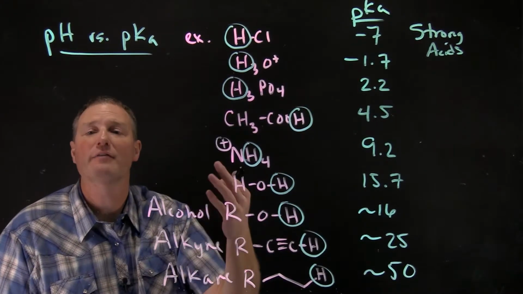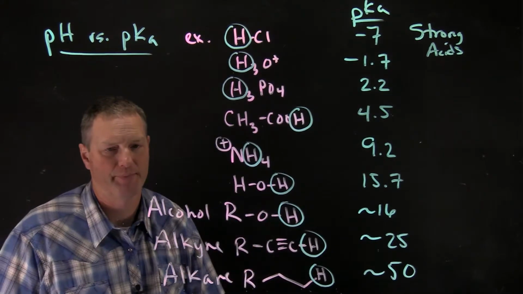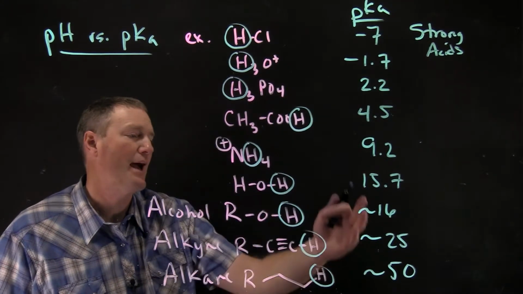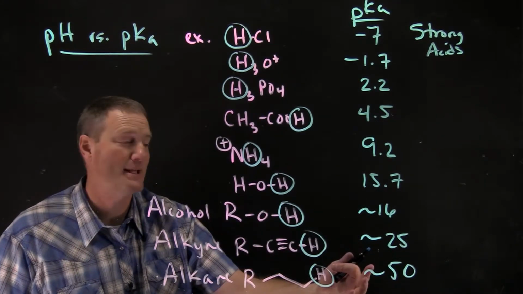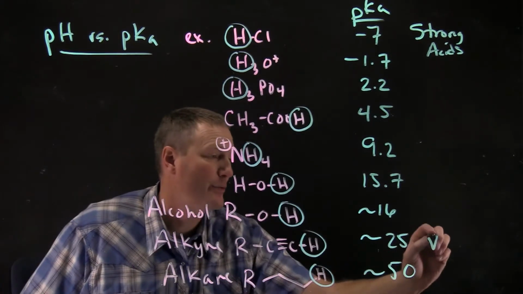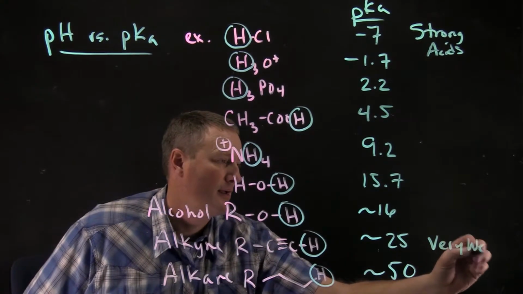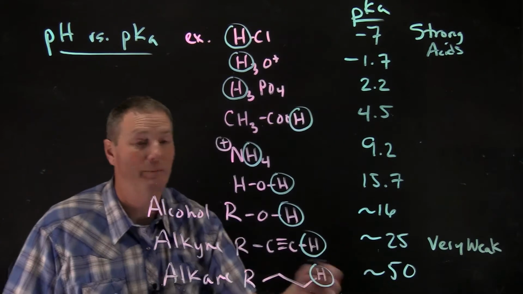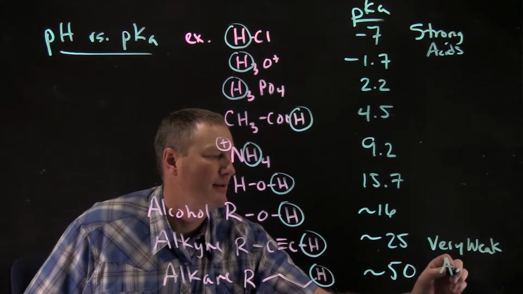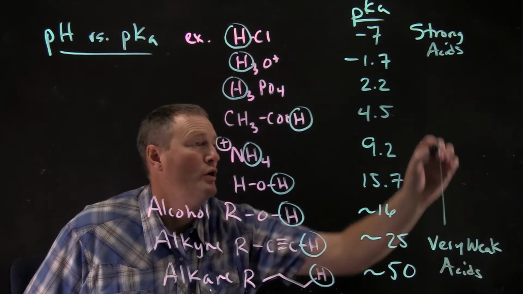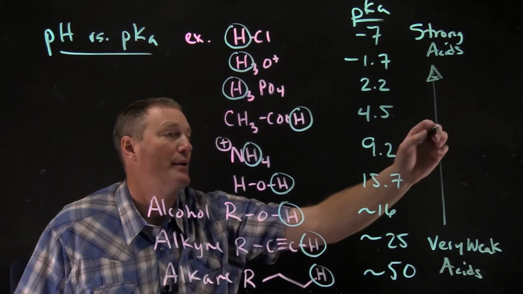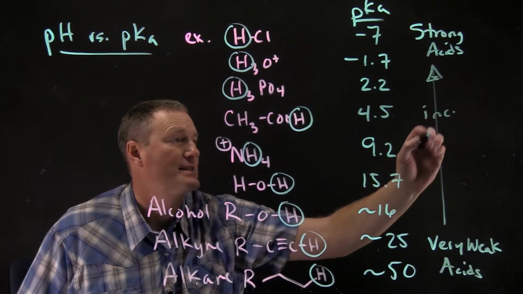The acid is very willing to give up its proton. Conversely, if you have a very large positive pKa value, these are very weak acids. In other words, they don't want to give up their proton. So in terms of our trend, we would have increasing acid strength.